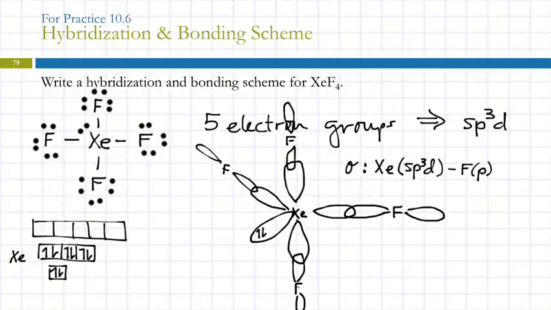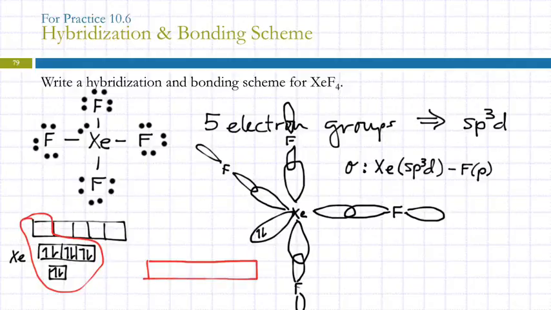I need to choose 5 boxes starting at the bottom. So that's going to give me 5 degenerate orbitals. And those d orbitals are still there. They're just empty. It's like the hotel rooms. They're still there. They just don't have anybody in them.